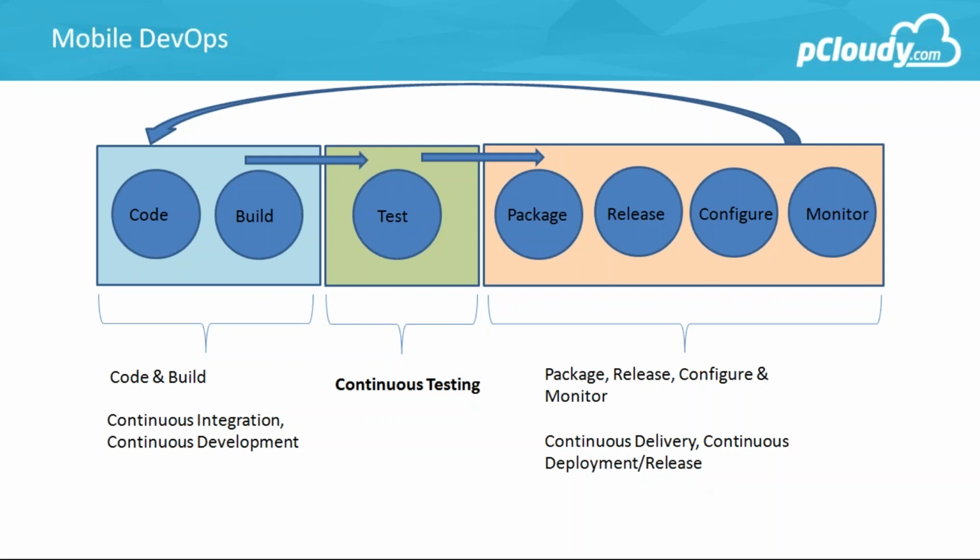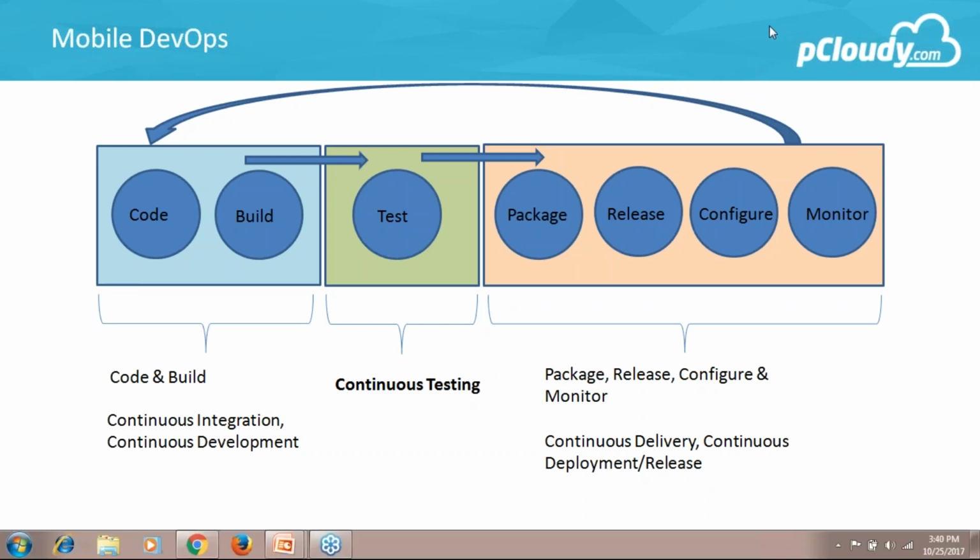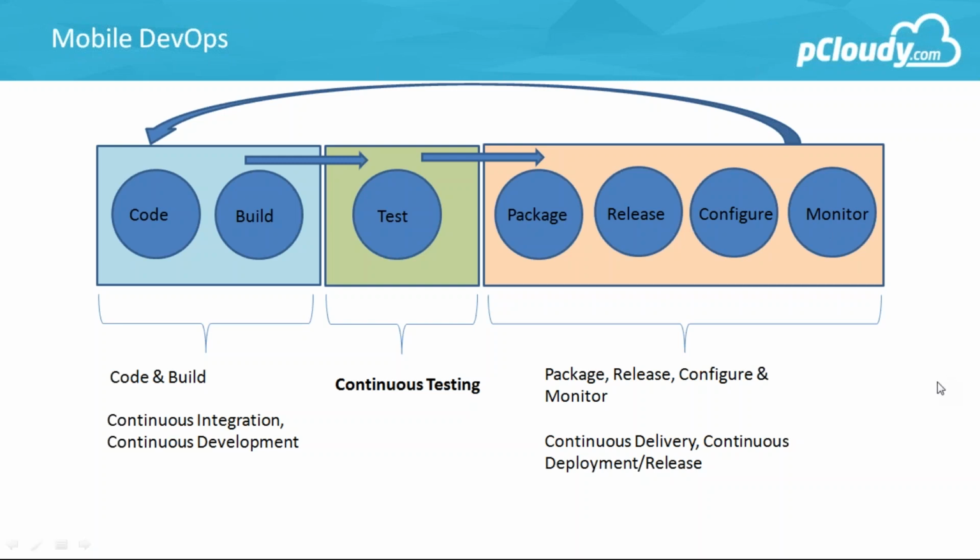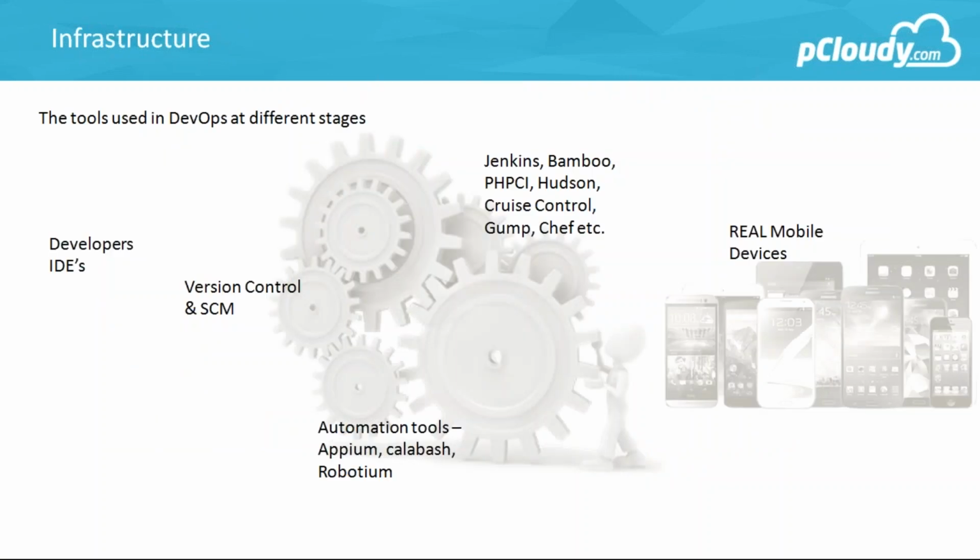If you take Jenkins, for example, pCloudy has a plugin, a close integration with Jenkins, so you can trigger your automation testing from Jenkins to pCloudy, and you will see that the test automation is running on pCloudy's remote device cloud, and you'll also be able to see the test execution happening on the remote devices. So I'll be demonstrating that part now.